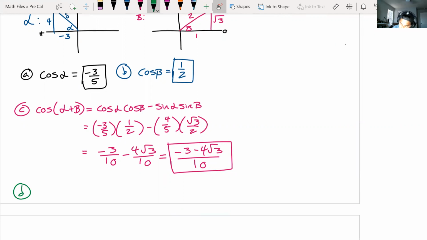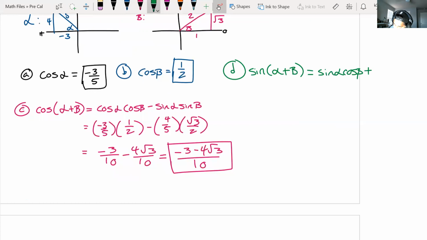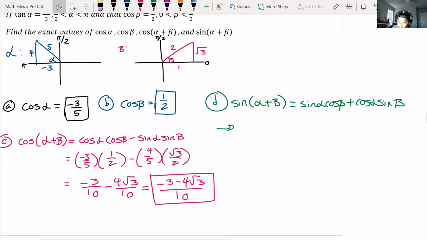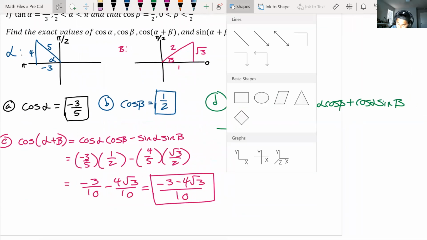And then D, I'll do that up there. Sine alpha plus beta, so sine alpha cosine beta plus cosine alpha sine beta. And what is sine of alpha? 4/5.